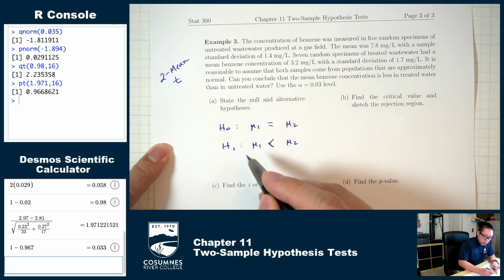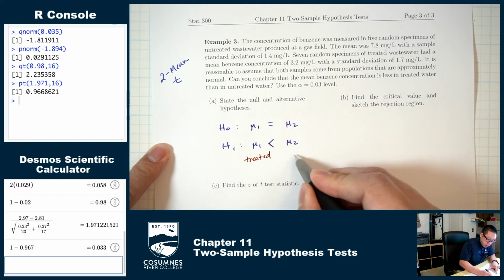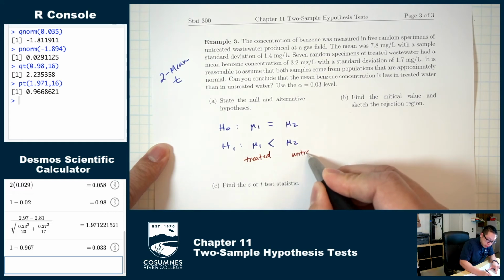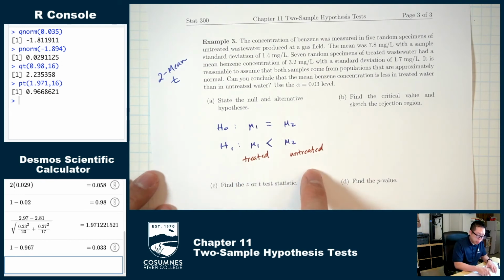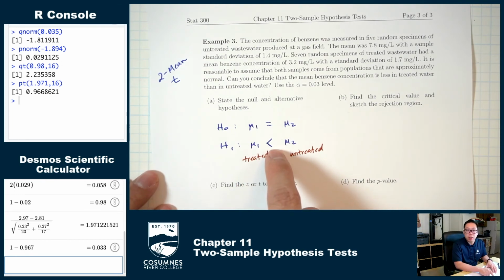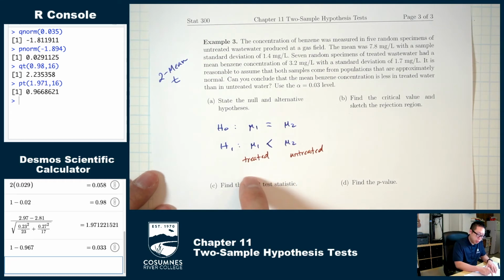So I want treated to be less than untreated. So 1s have to be treated and 2s have to be untreated here. You could go the other way, right? You could go untreated and then treated, but then you would have to switch the sign, because treated being less than untreated is the same thing as saying untreated is greater than treated. So you could go untreated greater than treated.